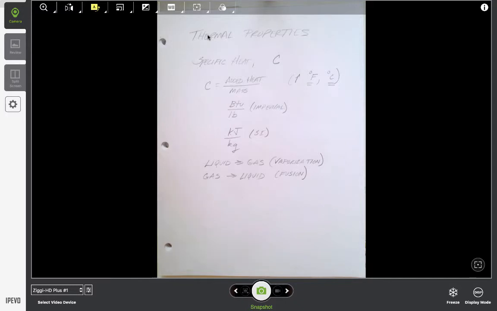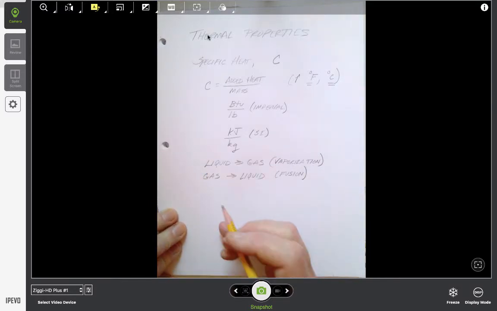If a phase change occurs, the heat required to get it over the phase change can be substantial.